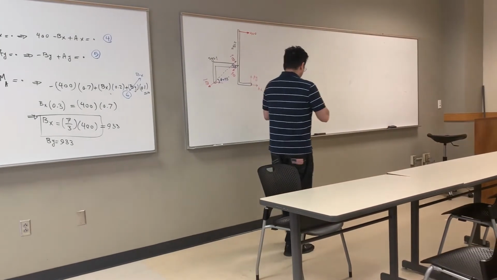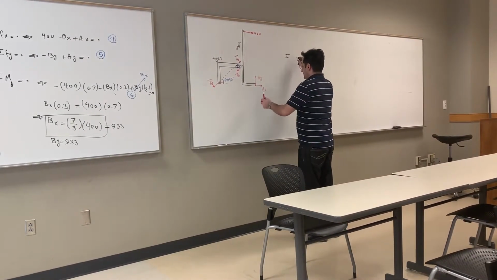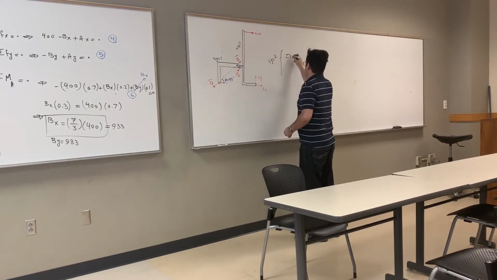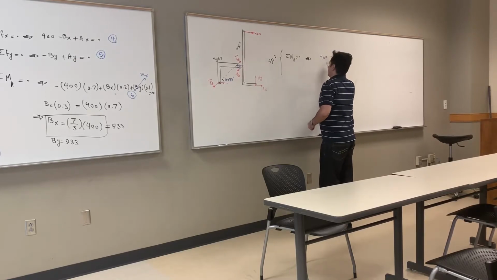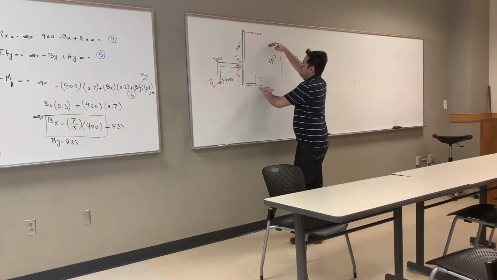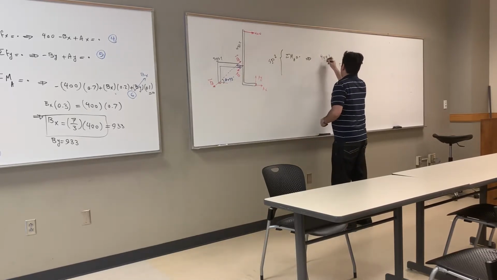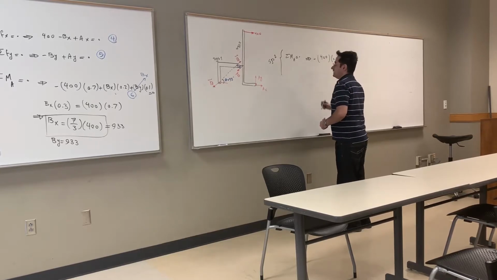So in system 2, moment with respect to point A is 0. I get 400 times this distance, 0.7. Positive or negative? Negative.